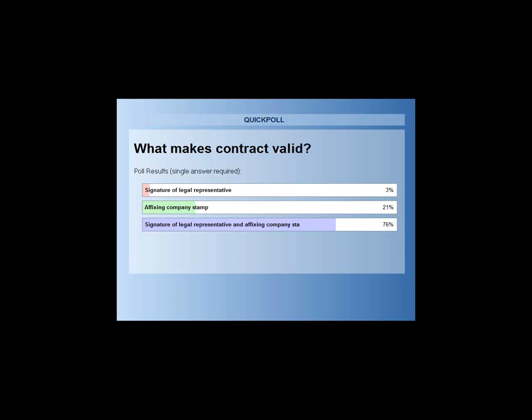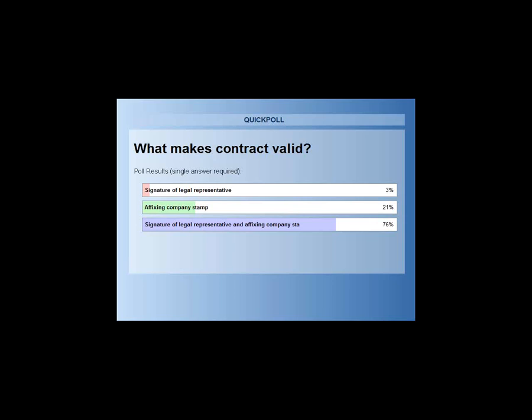However, in some cases even affixing the company stamp can be sufficient, and in some cases even the signature of the legal representative can be sufficient, when the contract itself directly says that the contract is valid after the legal representative signs. But I would really recommend that you insist on both the signature of the legal representative and the company stamp.